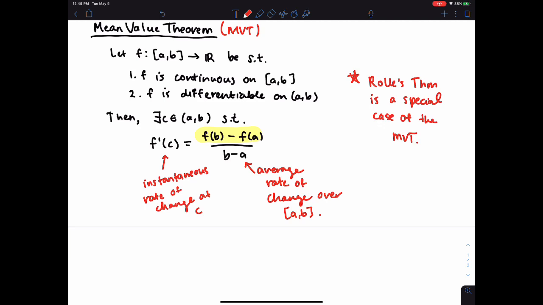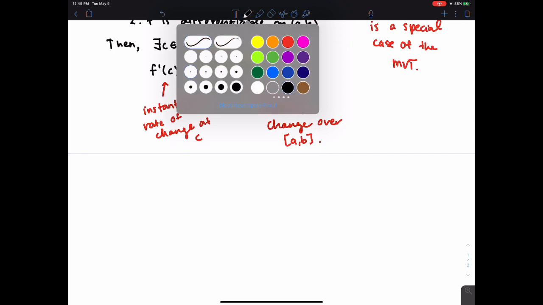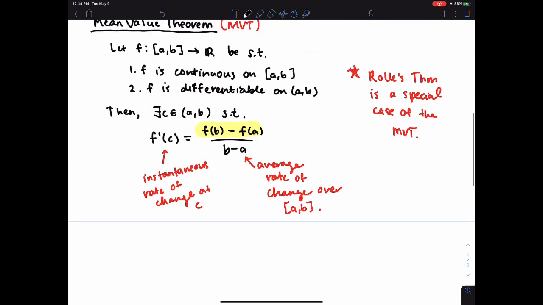Our goal is going to be, we know that when you have a function that is continuous on a closed interval, differentiable in the open, and the endpoints take on the same value, then we know there's a place where that derivative is 0. That's Rolle's theorem.